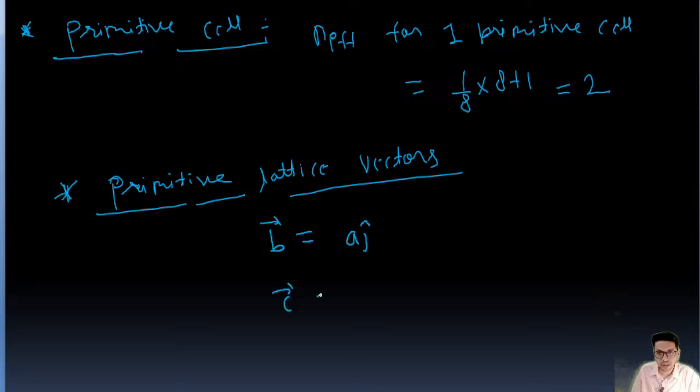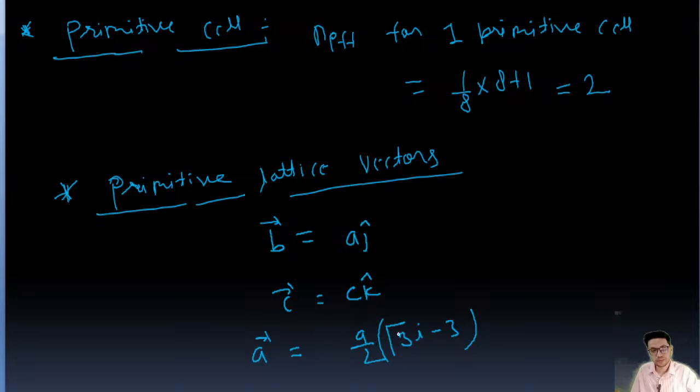Value of C is C k cap. And value of A is A by 2 root 3 i minus 3 j.